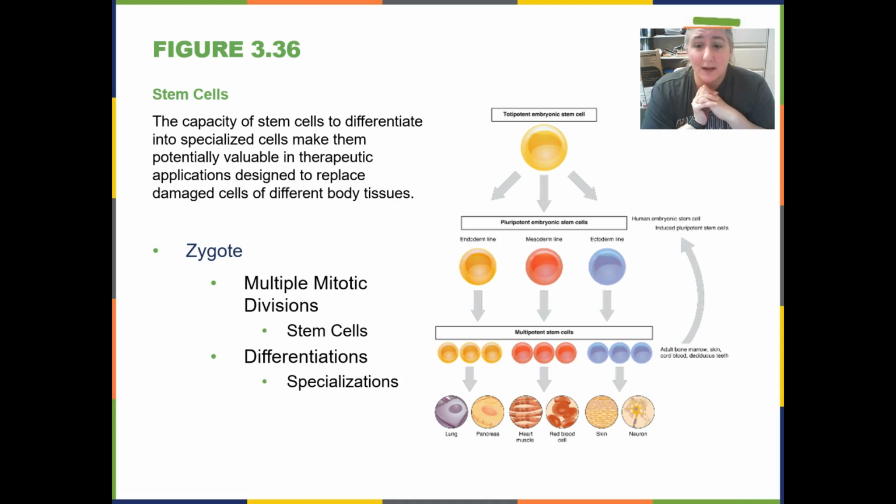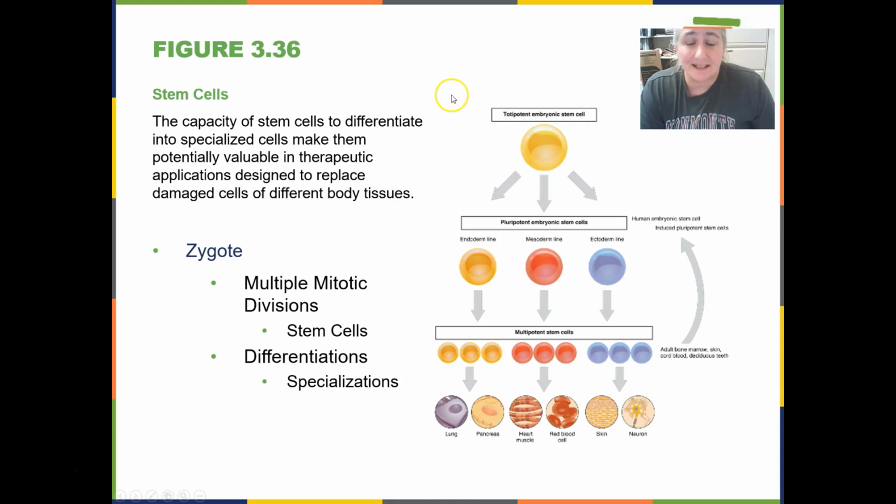An embryo is a structure that is composed of 3 different germ layers: an ectoderm, which is over here, mesoderm, and endoderm. Prior to that, all of the cells are totipotent stem cells.